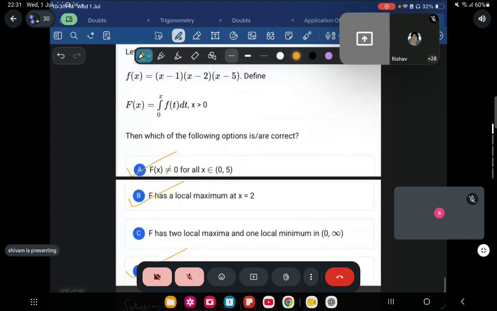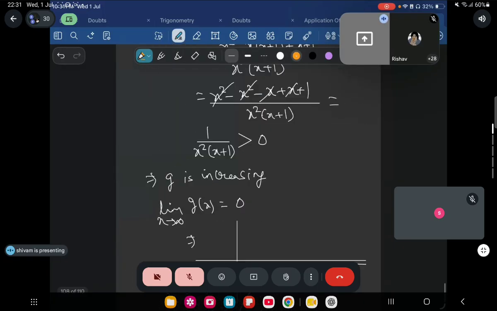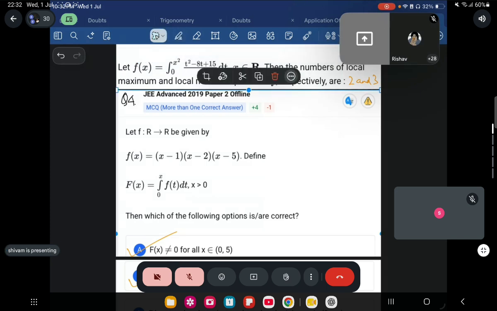That means the area of f of x will not be equal to 0. So this one I have to prove. Let me see.